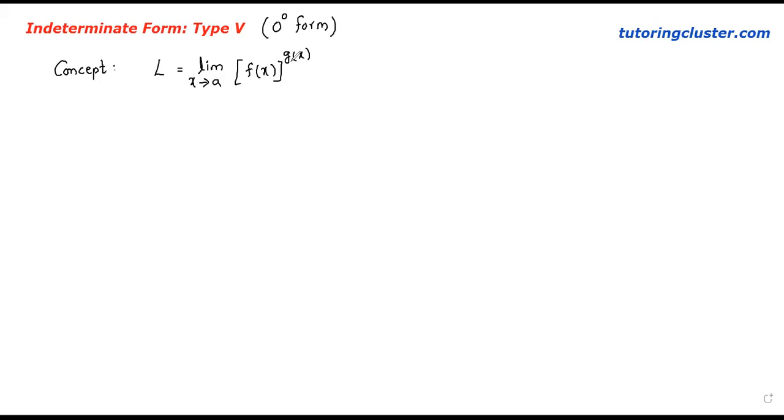Let's say f of a is 0 and g of a is 0. So in this case, this will be of the form 0 to the power 0, right?